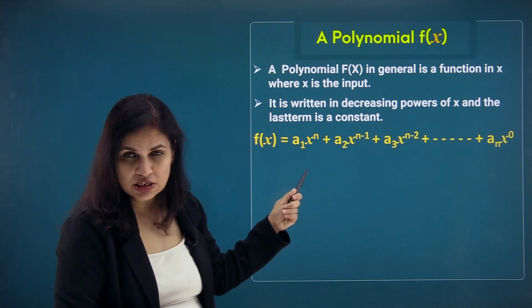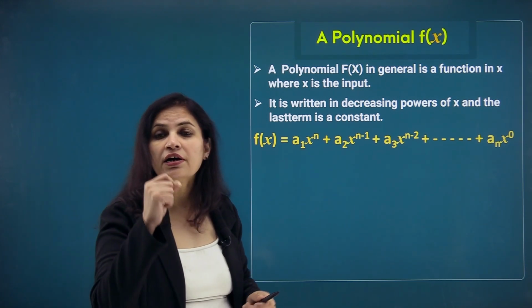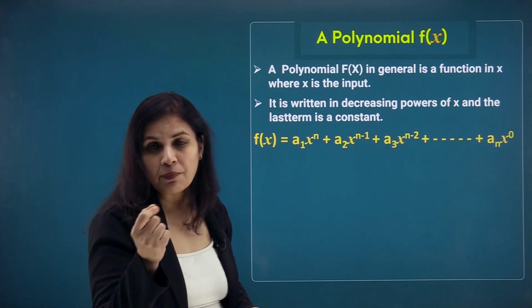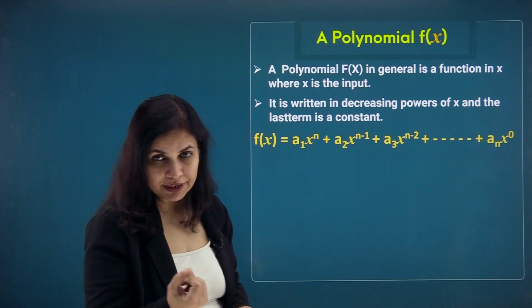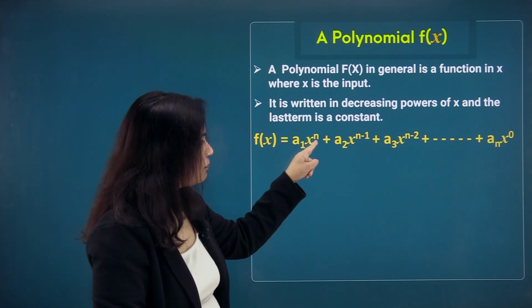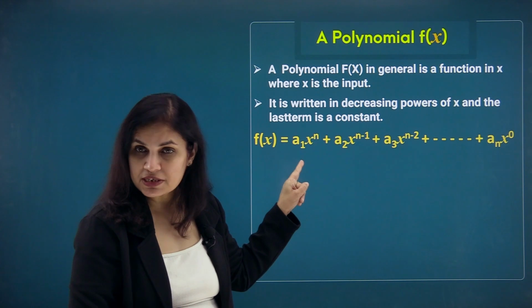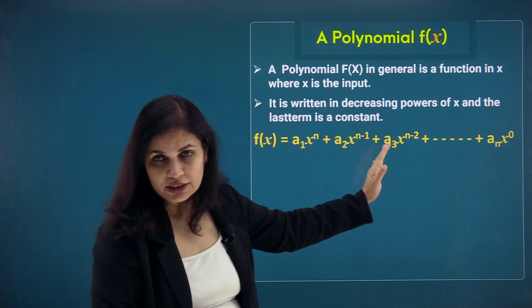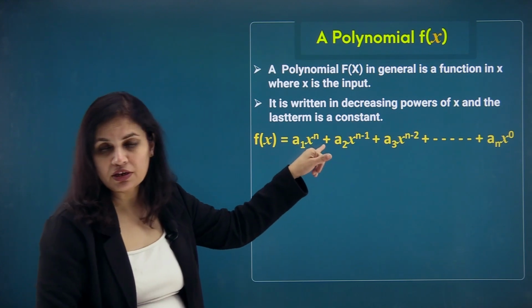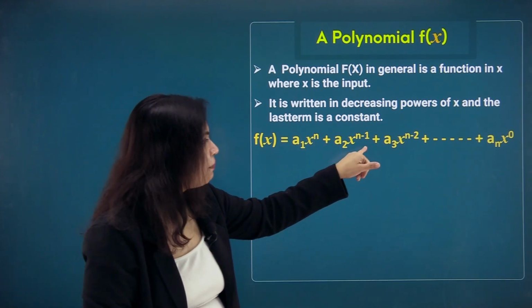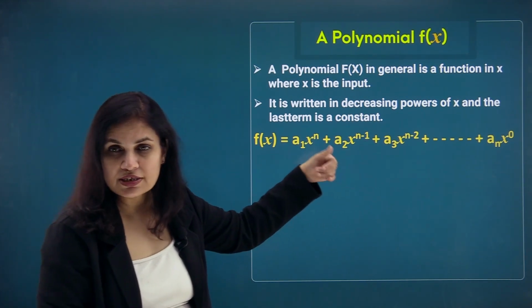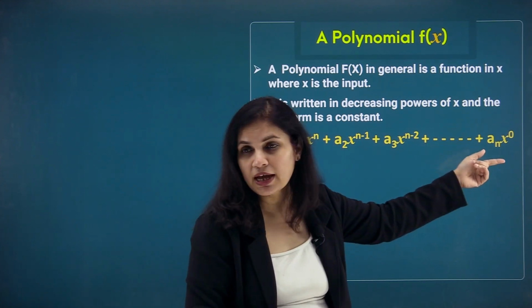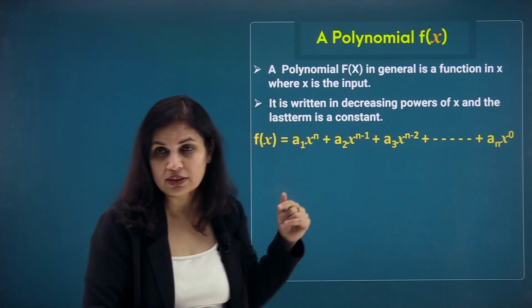If it is an n-termed expression, or a polynomial comprising n terms, then the power of the variable in the first term is n, and it is gradually decreasing. The power is n in the first term, n minus 1 in the second, n minus 2 in the third, and n minus n, that is 0, in the last.